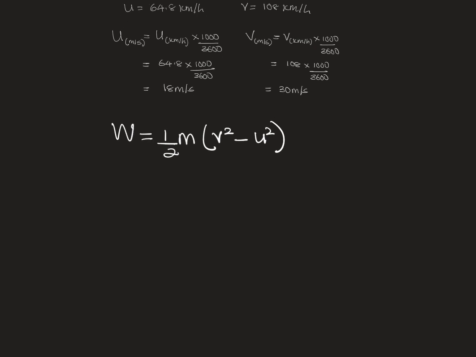So first I can find the work done, because this information is already available. Work done is equal to half multiplied by the mass, which is 900, times the final velocity 30 squared minus the initial velocity 18 squared.